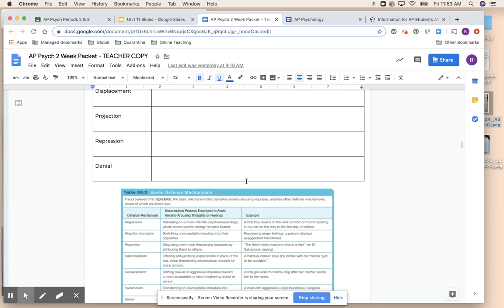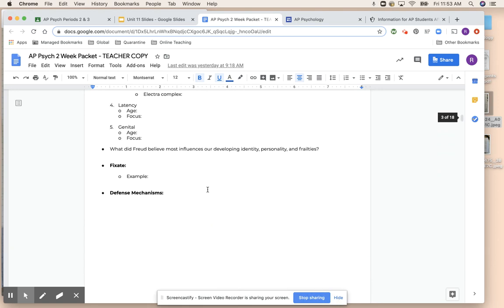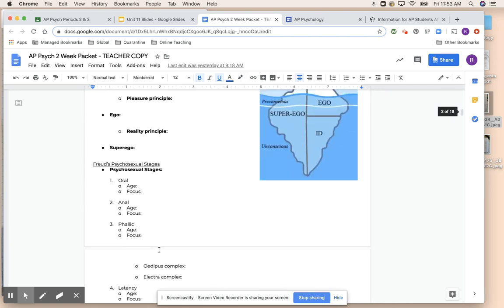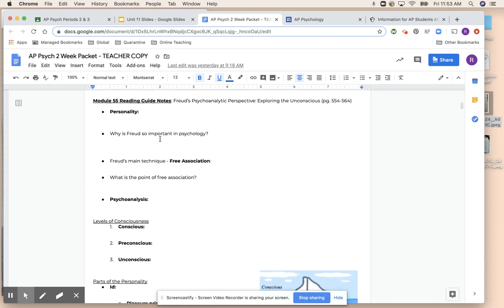I think the only other thing I maybe didn't talk about was an important term, which was, where was it? Free association. This was Freud's main technique that he used. And he believed that in order to get people to divulge their deepest, darkest desires, their unconscious thoughts, you needed to use this thing called free association.